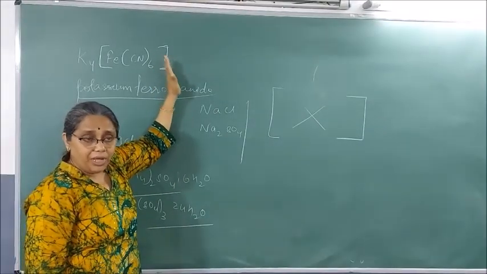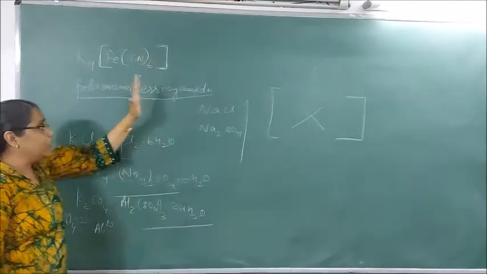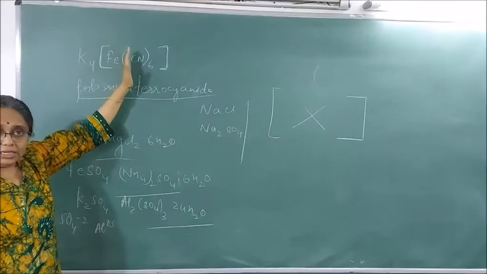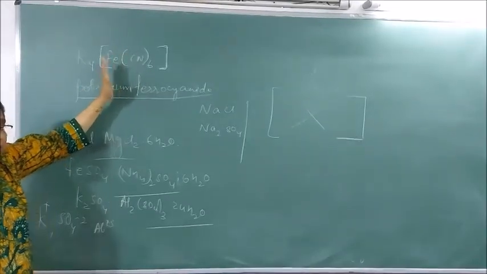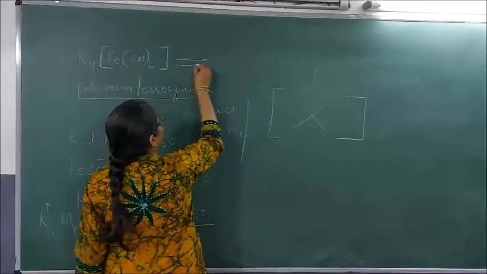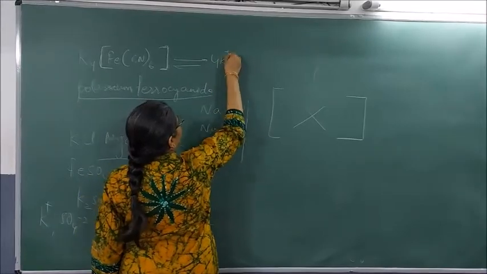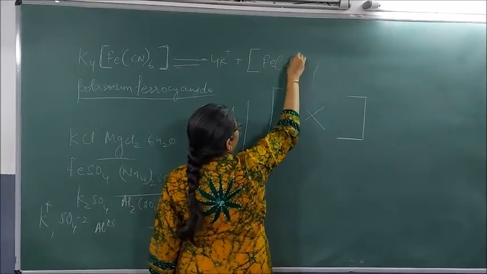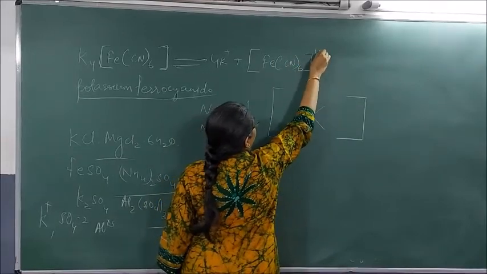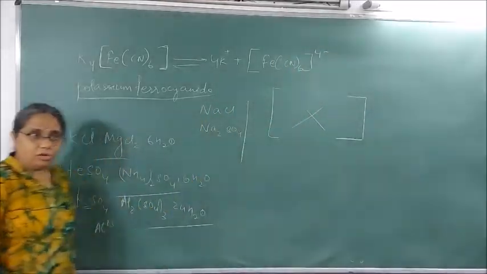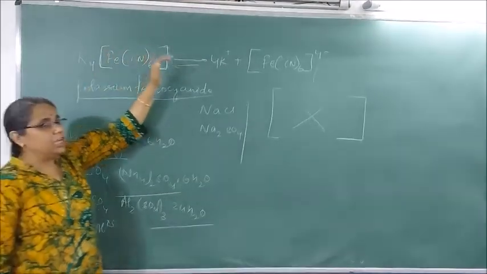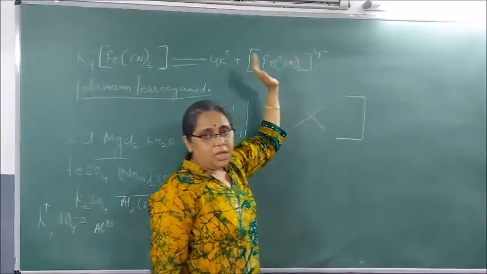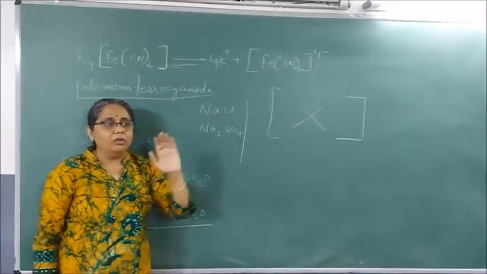It is a complex salt because it should give test of potassium ion, Fe2+ and CN-, but it gives a test of what? 4K+ and a new ion which is called as ferrocyanide ion.